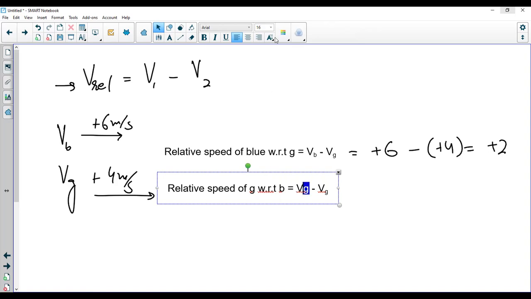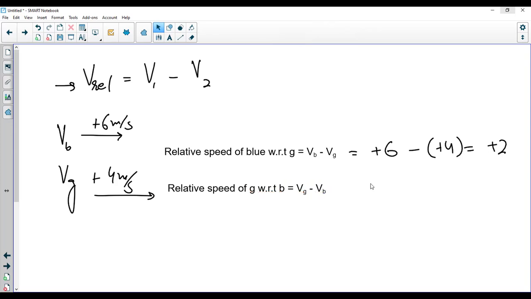We have to do VG minus VB. So what will we get? We will get plus 4 minus plus 6. So what will be the answer? The answer is -2. Why?